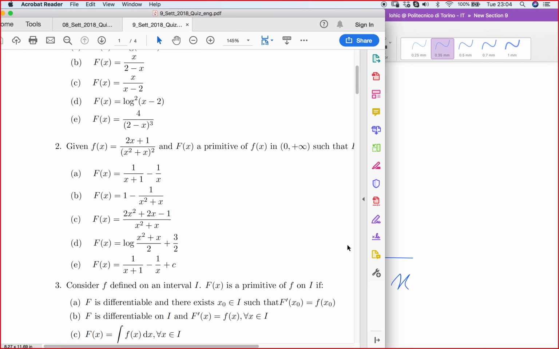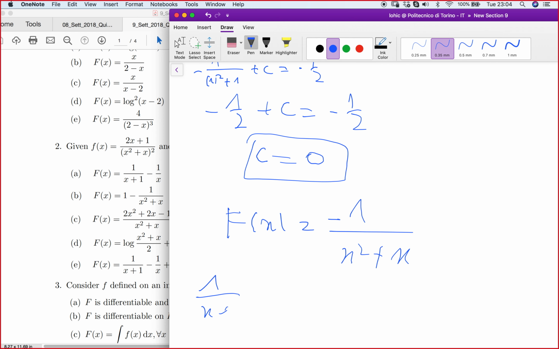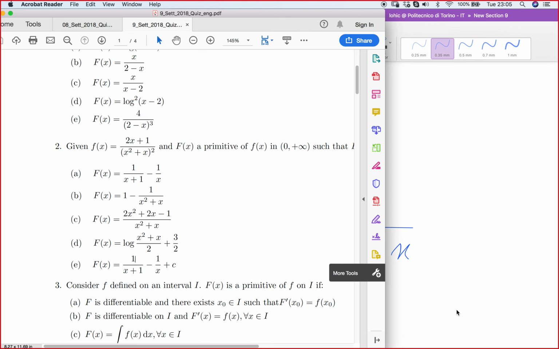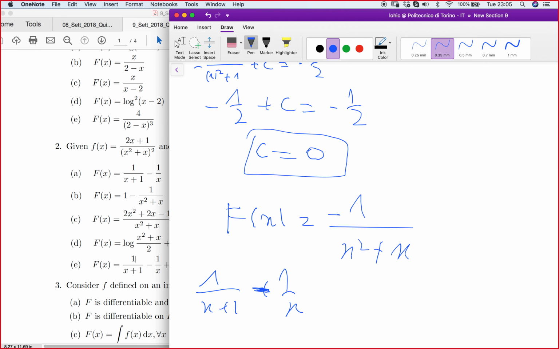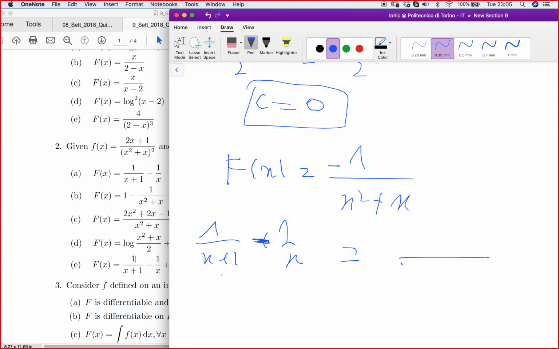So let's check for A, which is 1 over x plus 1 plus 1 over x, right? Just to see if it's the same thing. If we do this, the denominator will be x squared plus x, right? And it will be x minus 1, right?